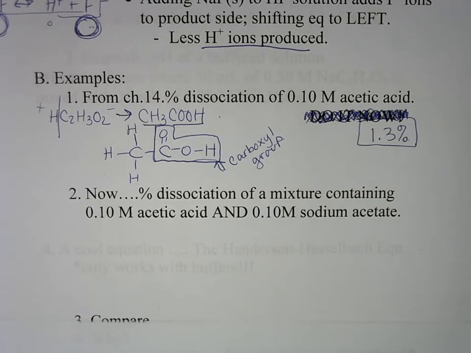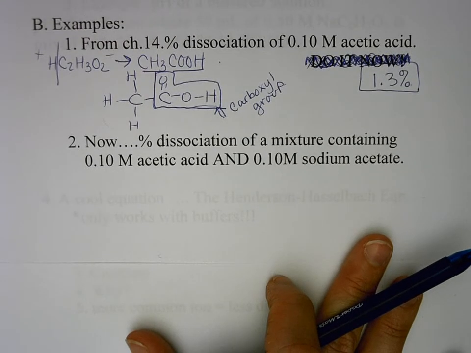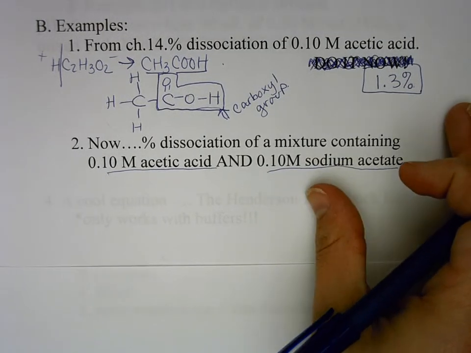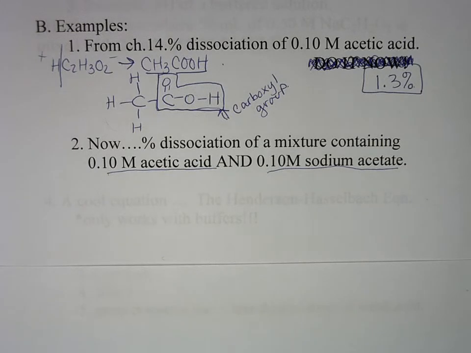All right, now let's calculate the percent dissociation when we have 0.1 molar acetic acid and 0.1 molar sodium acetate added to that solution. There's nothing super tricky here.